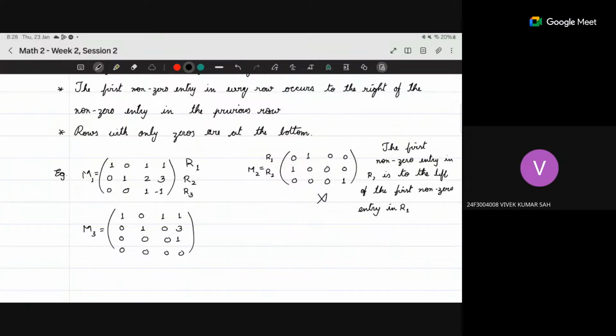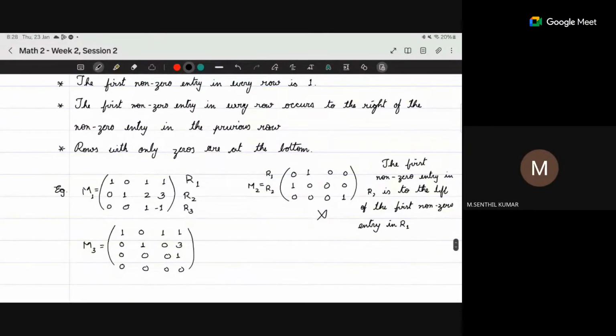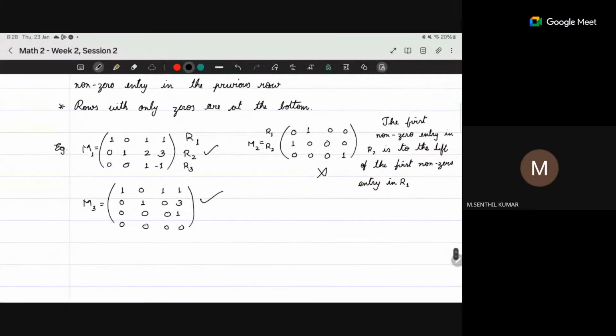Sir, in M3, you can see the third row, the last one, the 1 is coming, correct? The fourth column. Yes. So that is a condition for echelon form. This satisfies echelon form. M1 and M3 are in echelon form. M2 is not.